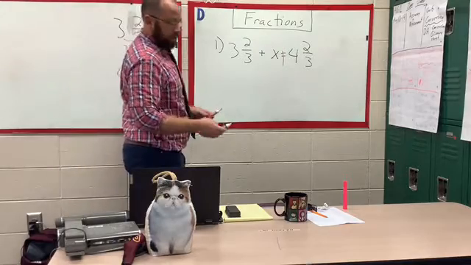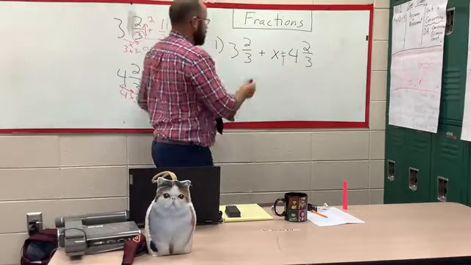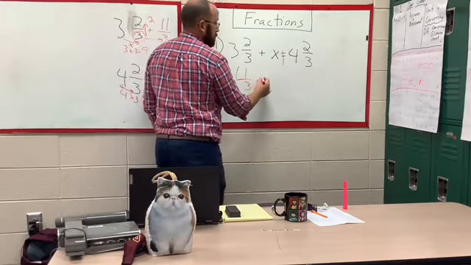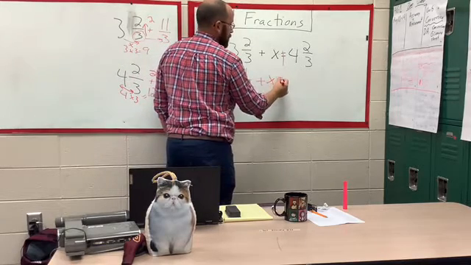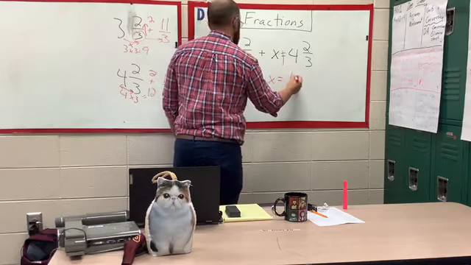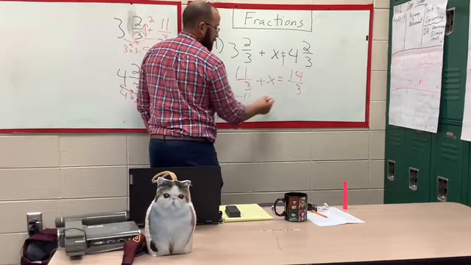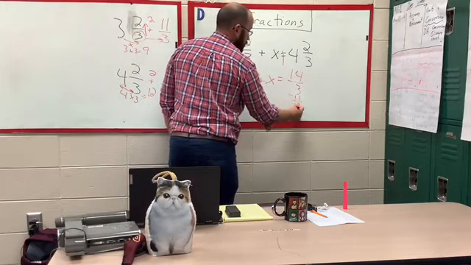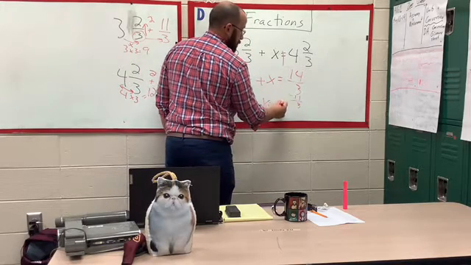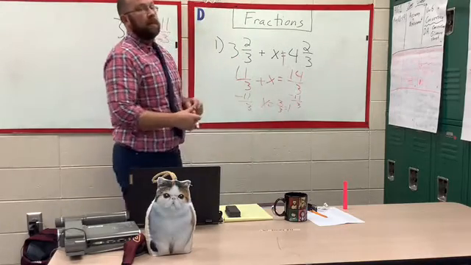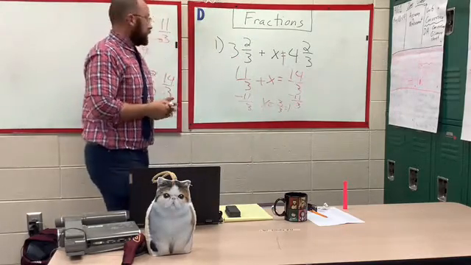So now if I switch this problem that way, I have 11/3 plus x equals 14/3. Subtract 11/3 from both sides. X equals 3/3, which is equal to 1. So you get the same answer either way, but you need to be good at this conversion.